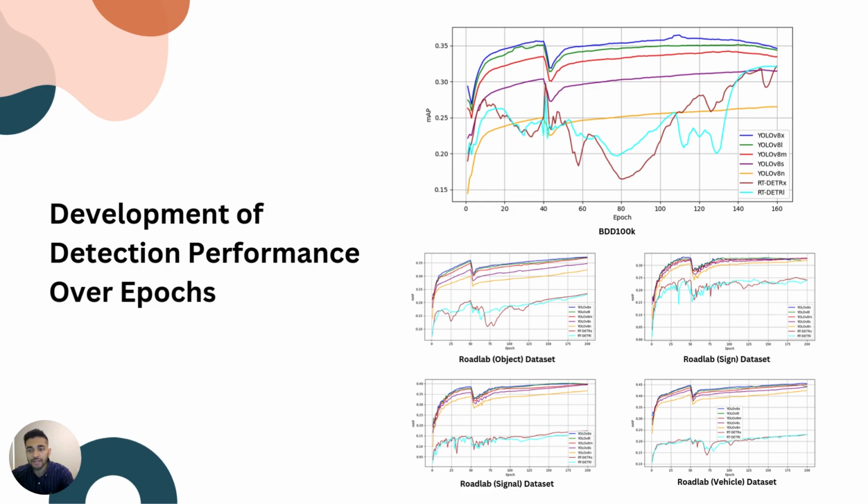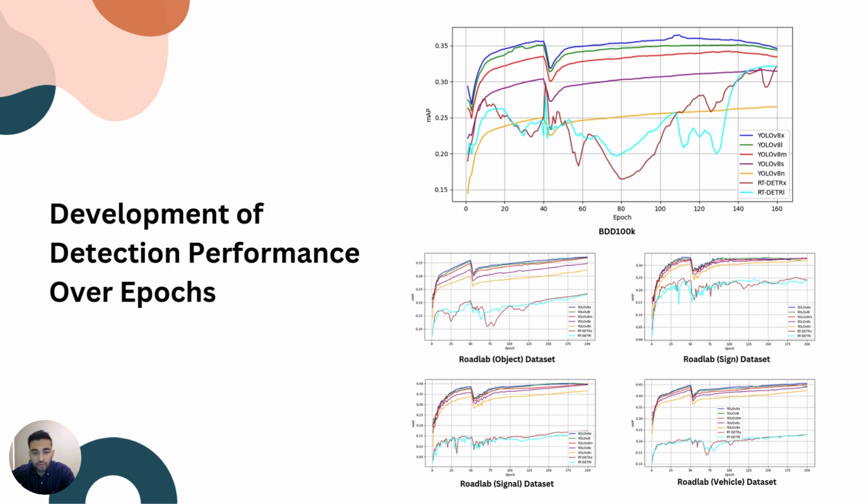our study compared YOLOv8 and RT-DETR models across various datasets. The first one you can see is the results from BDD100K. You'll observe that YOLOv8 models, especially YOLOv8X, achieved a stable mAP value of 0.35 after 160 epochs, and it outperformed RT-DETR, which peaked below 0.32, indicating faster and more effective learning.